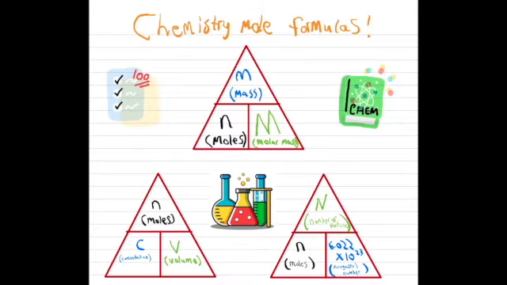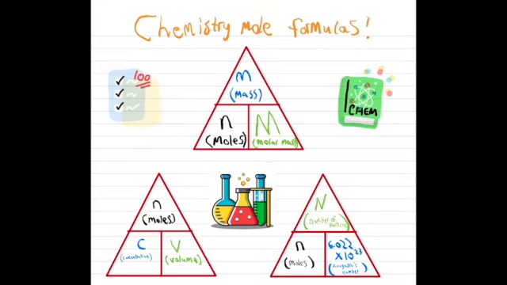So mass is always on top in the formula. If the question asks you to find moles, you divide mass by molar mass. If it asks you to find molar mass, you divide mass by moles. But if it asks you to find mass, you just simply multiply moles and molar mass.